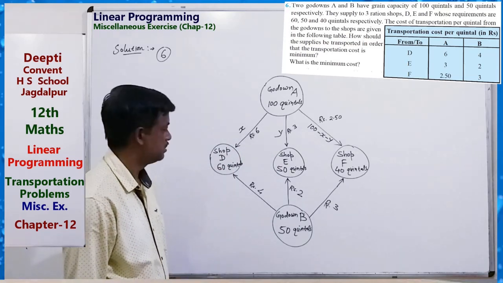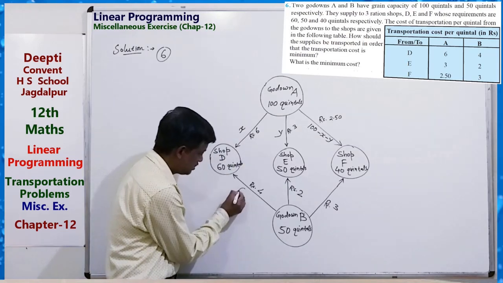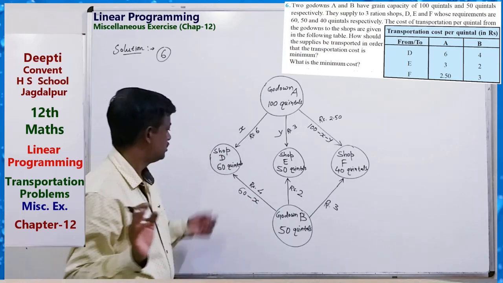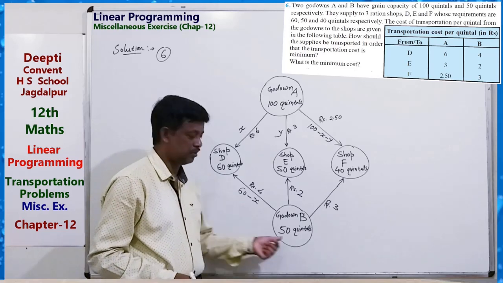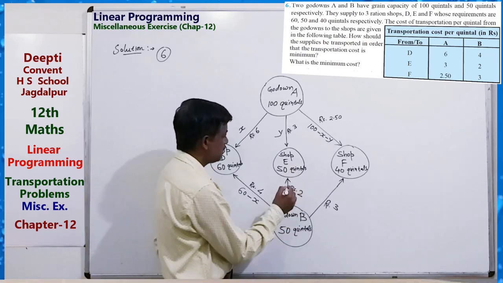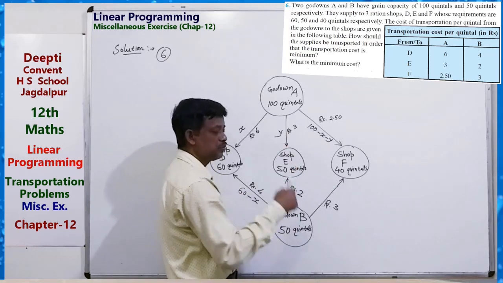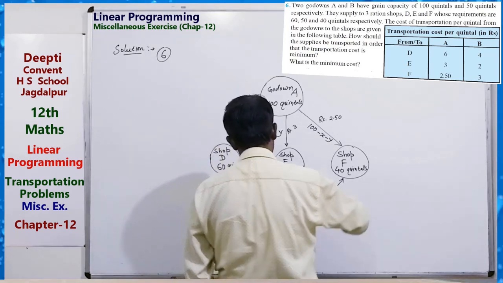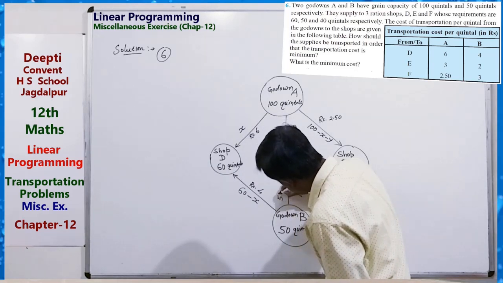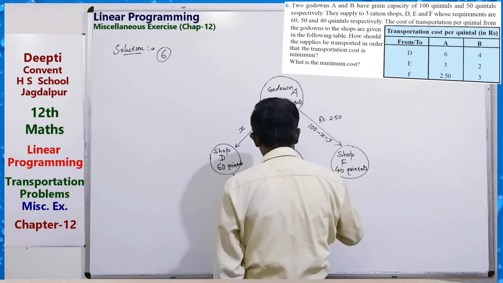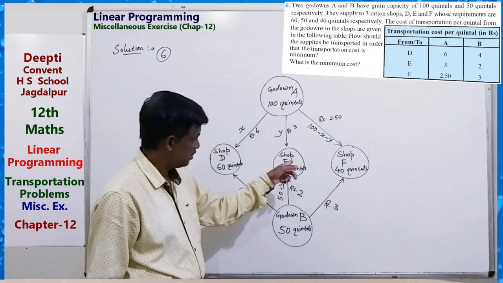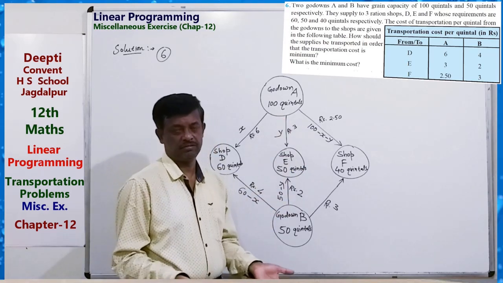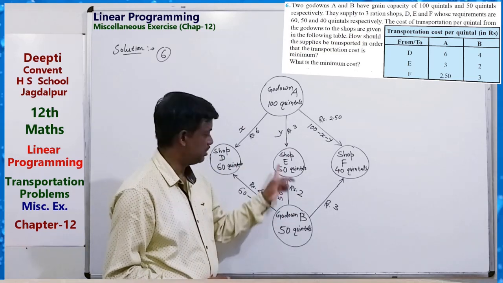Now, how many remain? 60 minus X quintal is required, so that is supplied from godown B. Similarly, E's requirement is 50, so 50 minus Y quintal is required because Y quintal was already received. So the remaining requirement, 50 minus Y, is supplied from B.